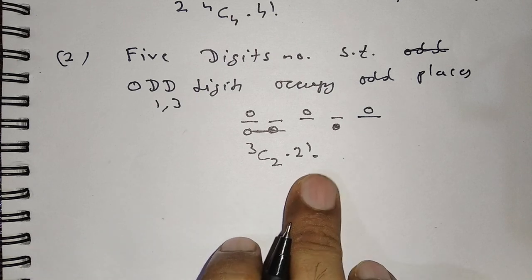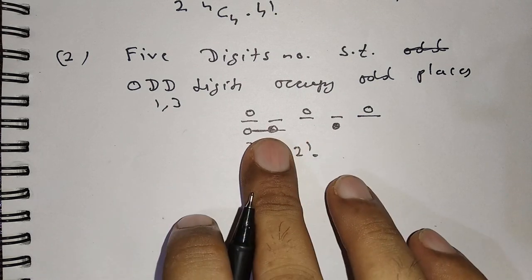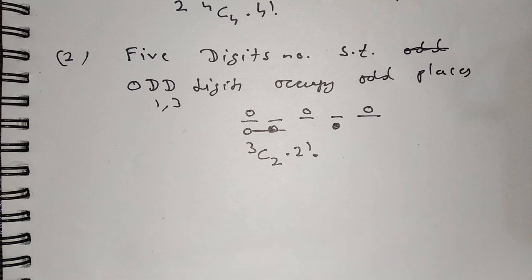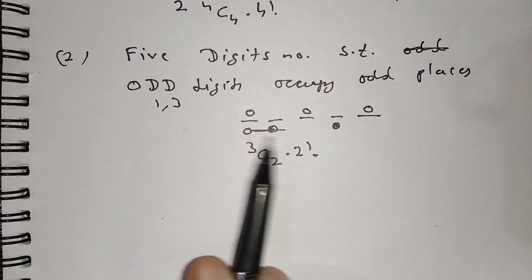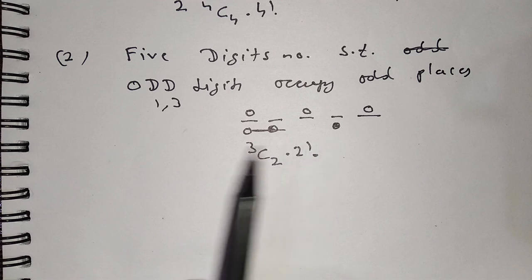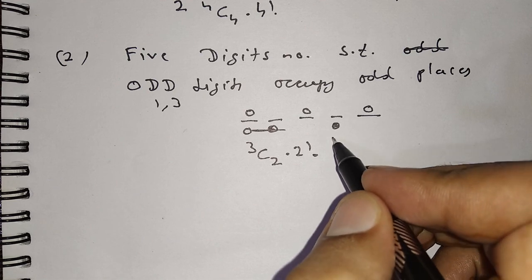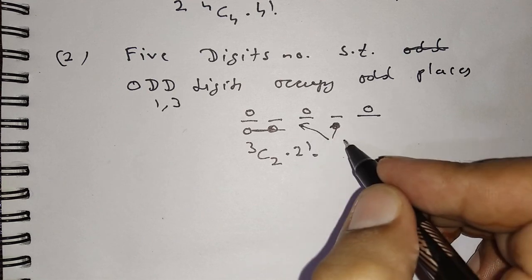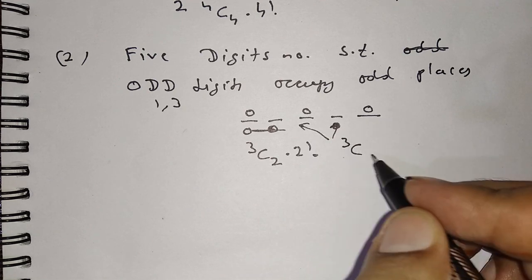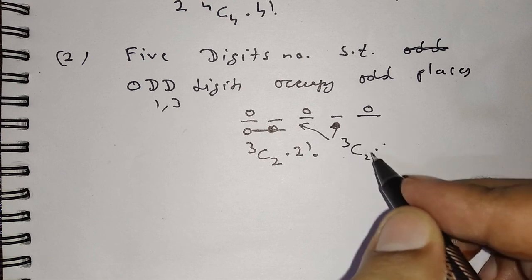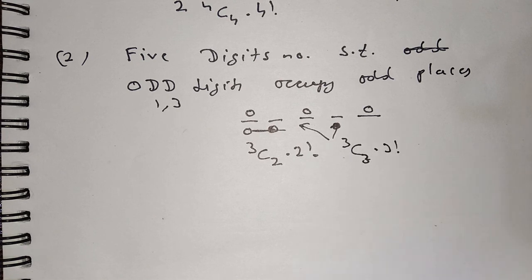Now the remaining digits are 0, 2 and 4. Out of these 3 digits we can put these 3 digits in the remaining places. So we can use 3C2 into 3C3 into 3 factorial.